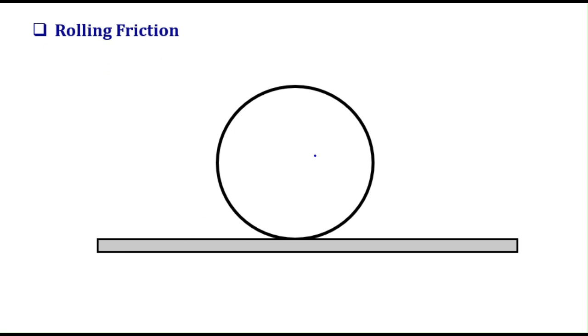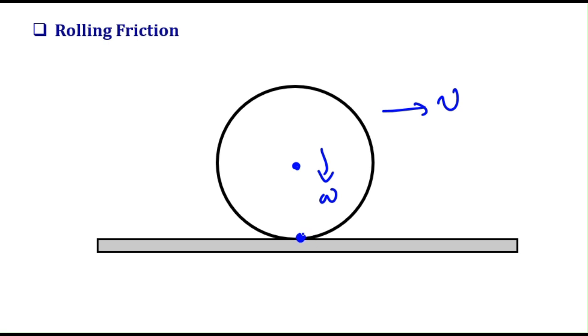And let's say this is pure rolling, means there is no sliding or skidding. In this case, if we are taking the motion to be pure rolling motion, and if we are taking these two bodies in their ideal shape, there will be only one point of contact between these two bodies.